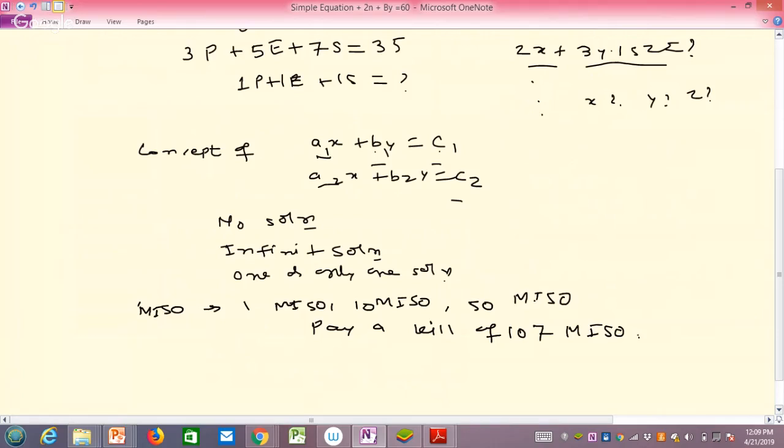And believe me, as far as I have seen, TIME material and TIME handouts are the best source of material for these kinds of chapters. So whenever you are starting with this chapter, try to start with the TIME booklet. Try to start with TIME handouts.